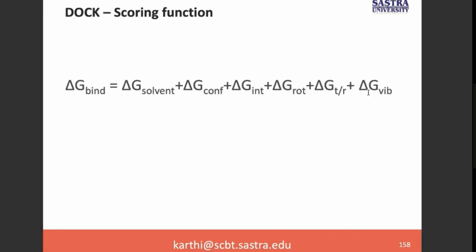So this is a very simple mathematical expression for finding the delta G binding. It is an approximated one, right? We can add many more things to make this more realistic than a simple one like this, right?